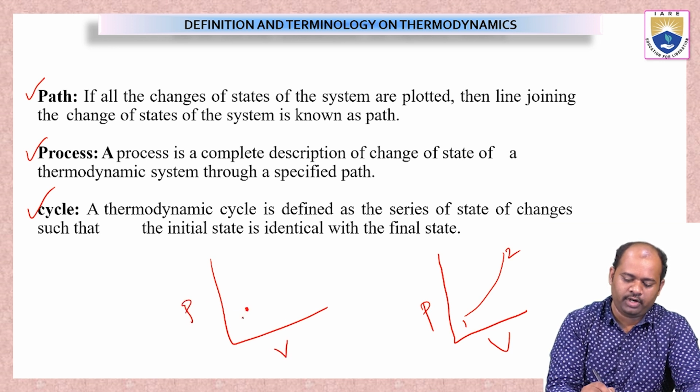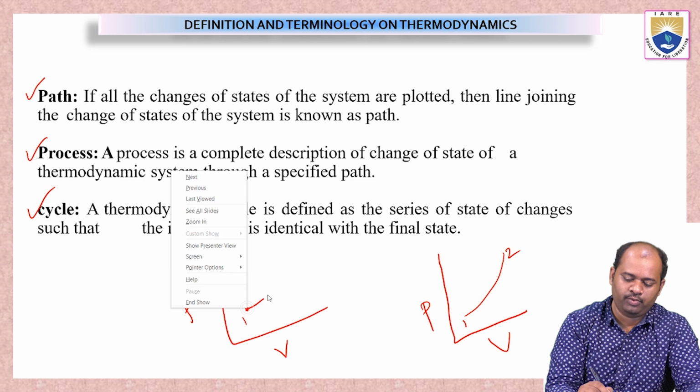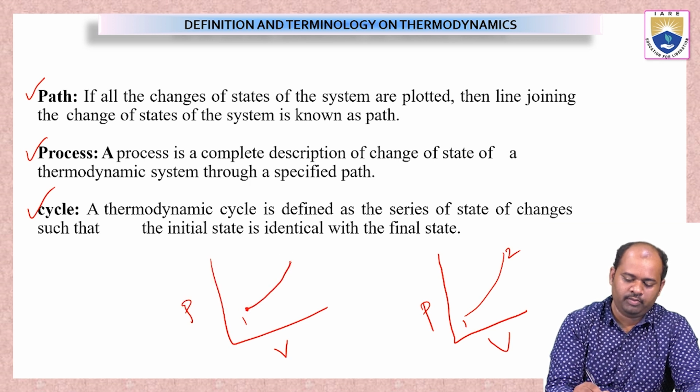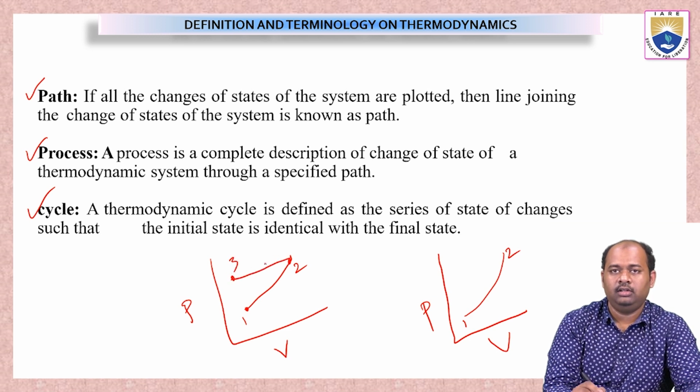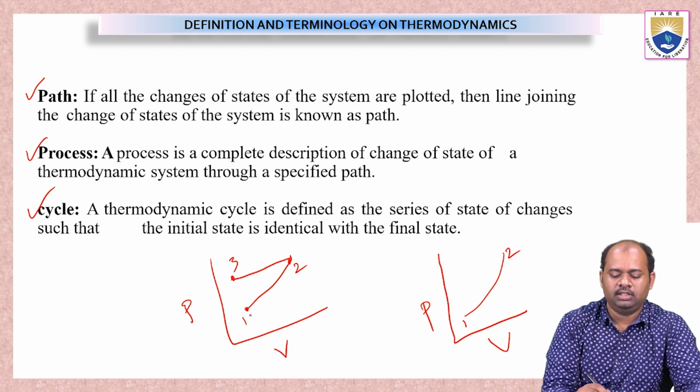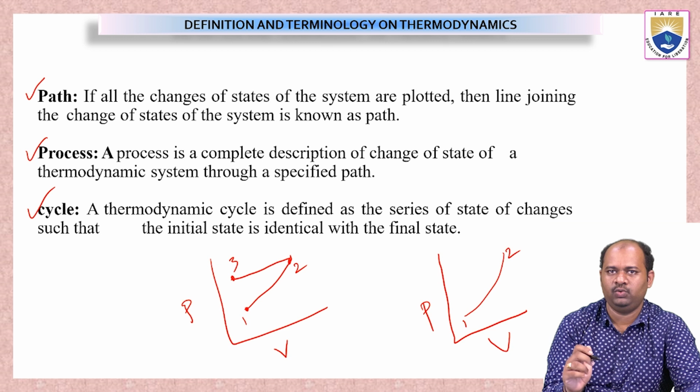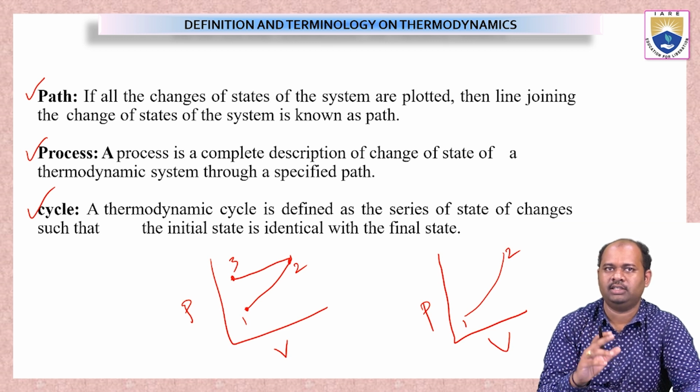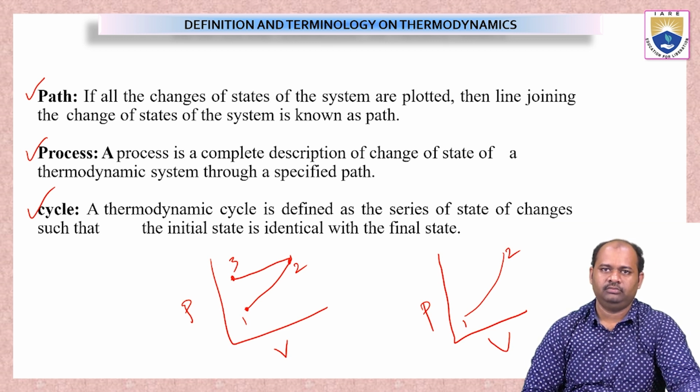I will start from point 1 and go to point 2, and this is path 1, and from here I will go to point 3. This is 2 to 3. Now this entire process of change of state, that is from 1 to 2 and 2 to 3, combinedly can be called a process.